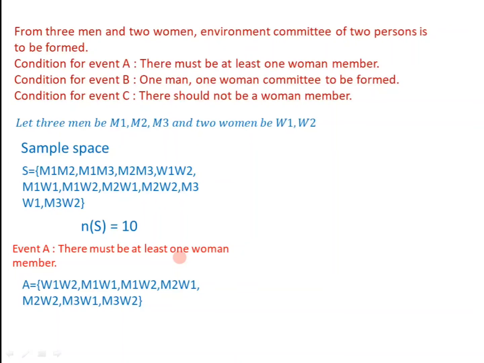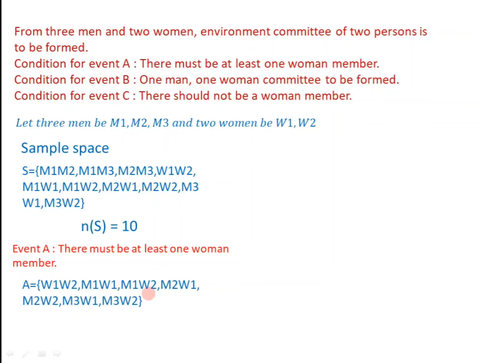If there is more than that, then it's okay, but we should have at least one woman in that committee. Then the next is M1 W1, which also has a woman, so that can be a part of this set. Then we have M1 W2, M2 W1, M2 W2, M3 W1 and M3 W2. So as we can observe, each element in this set has a woman member.